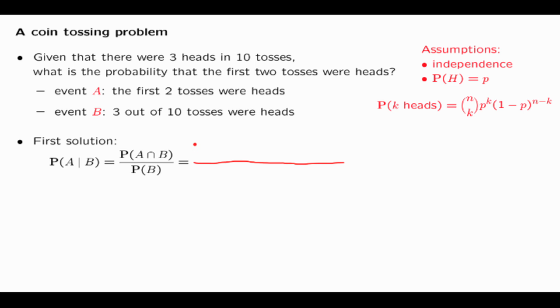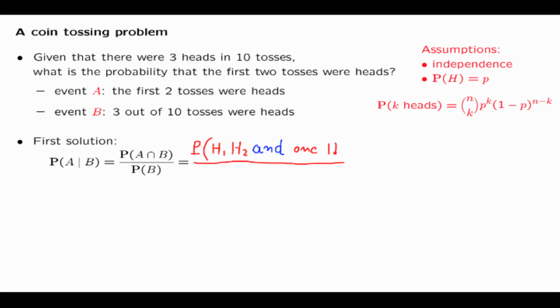Now let us specialize to the particular example that we're trying to solve. In the numerator, we're talking about the probability that event A happens and event B happens. This means that event A happens, that is, the first 2 tosses resulted in heads, which I'm going to denote symbolically this way. But in addition to that, event B happens, and event B requires that there is a total of 3 heads, which means that we had one more head in the remaining tosses.